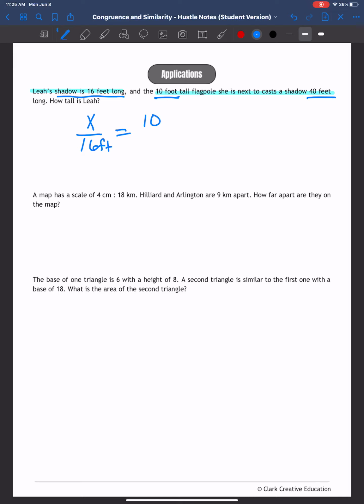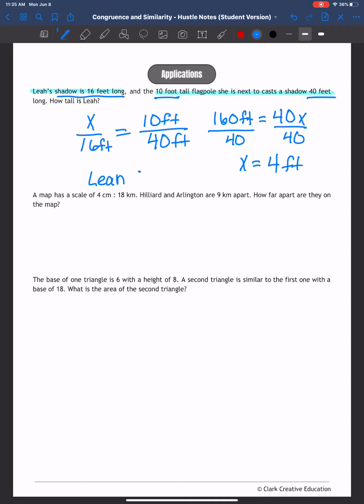So 10 feet over 40 feet. And now you're just solving for x. So 16 times 10 is 160 feet equals 40x. Divide by 40. Divide by 40. X equals 4 feet. Leah is 4 feet tall.